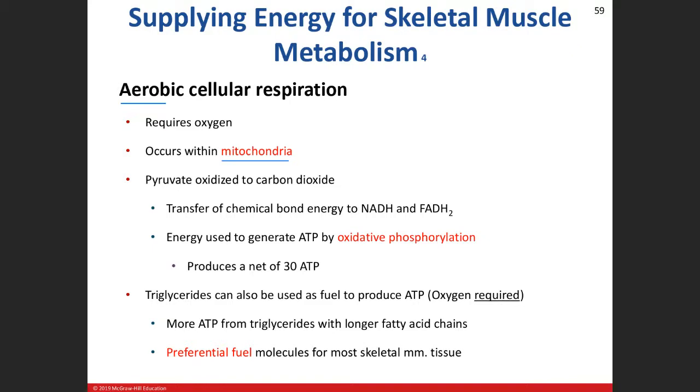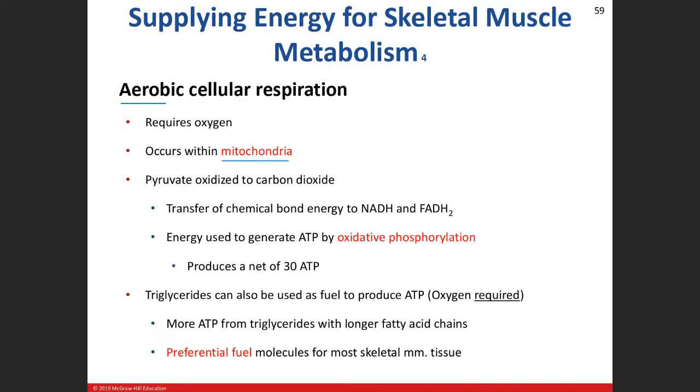As long as oxygen is available, it will allow us to take the pyruvate and bring it into the mitochondria, okay? I won't get into all this, but that pyruvate is oxidized to carbon dioxide. That gets into the Krebs cycle, the electron transport chain, and you'll get to that in 211.